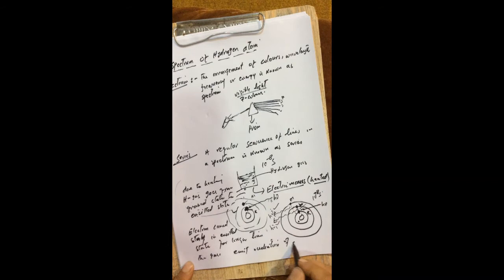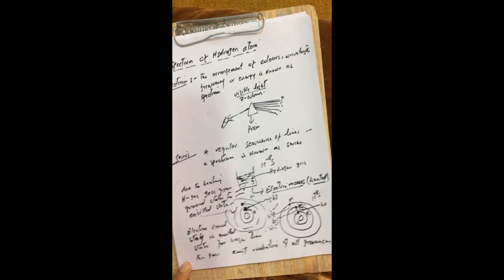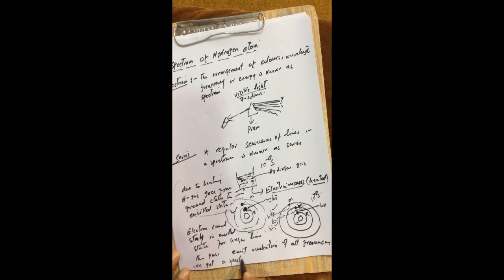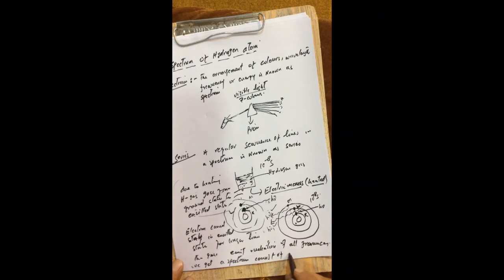Radiation of all frequencies means we get a spectrum of this radiation, which consists of different frequencies.